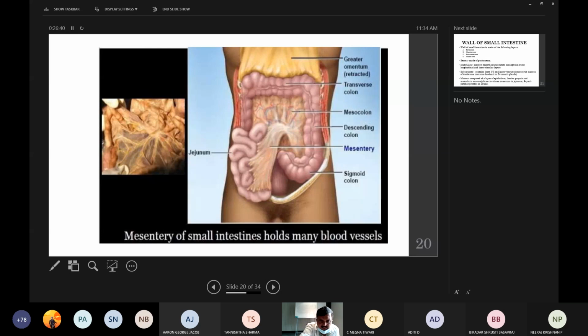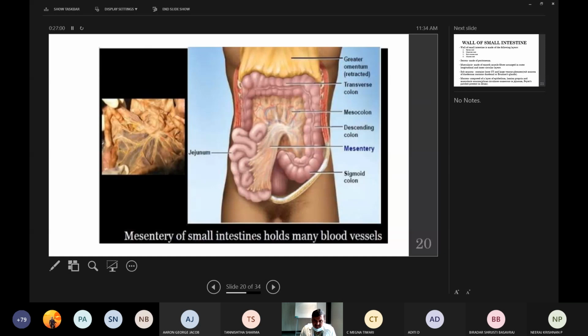So this is the mesentery. It suspends the coils of jejunum and ileum from the posterior abdominal wall. Both layers are formed from the greater sac.